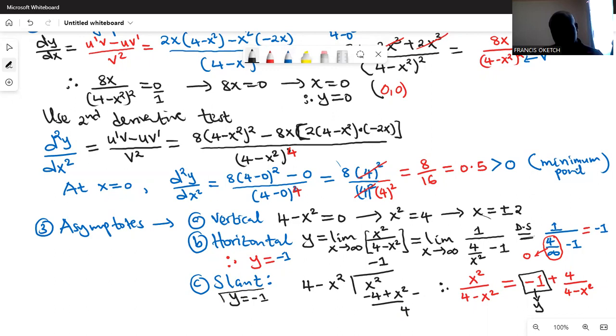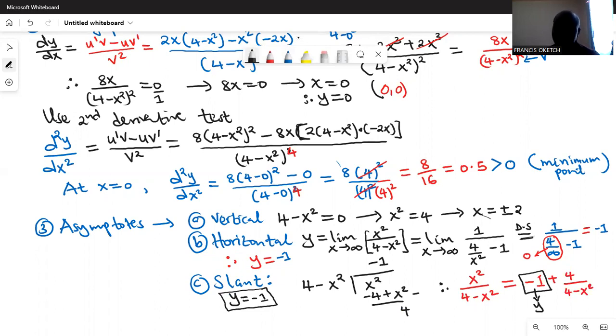It's simply a constant. And so what does it mean? In this example that we have been given, the slant asymptote is the same as the horizontal asymptote. So there's no slant asymptote because the value is a constant. For it to be a slant asymptote, it must depend on x, or simply it should take the form of an equation of a straight line, y equals mx plus c.